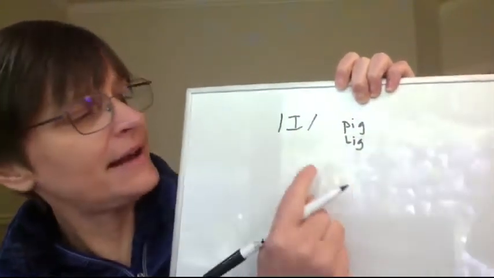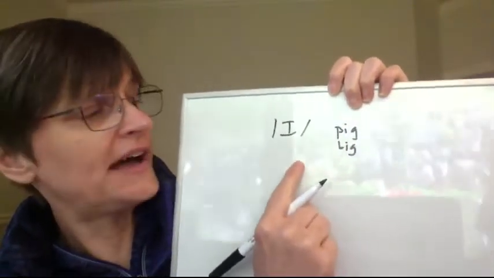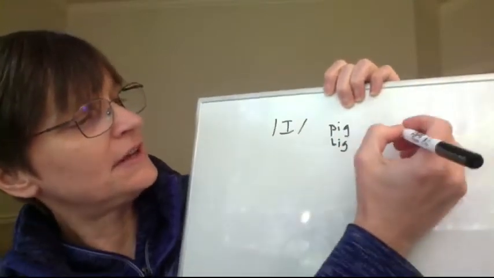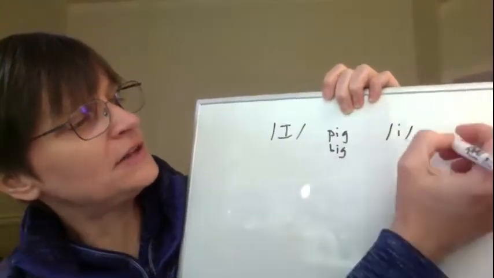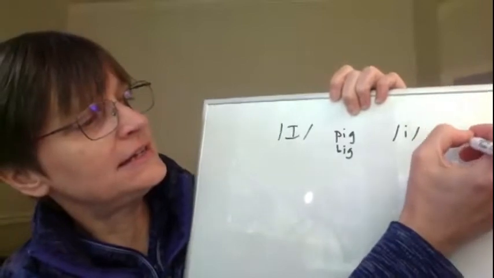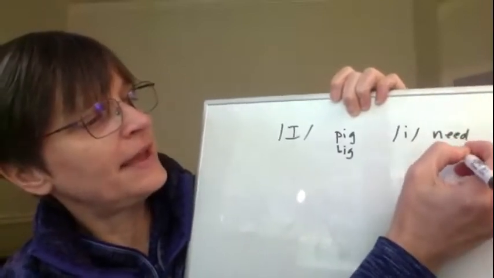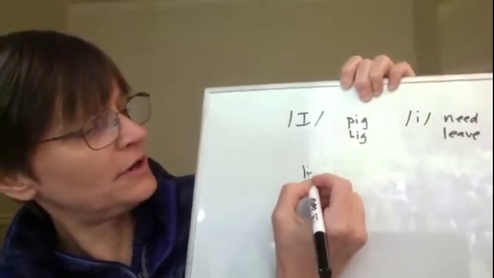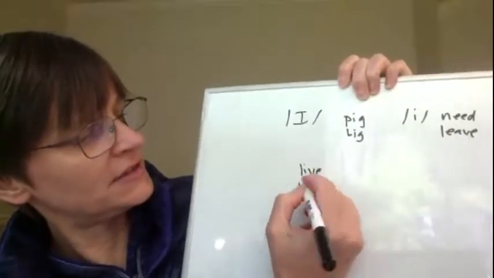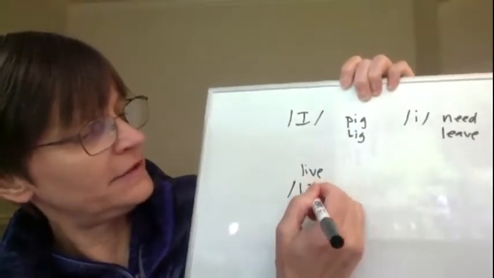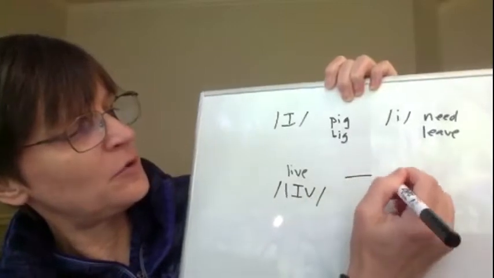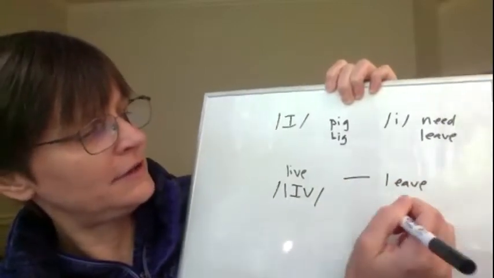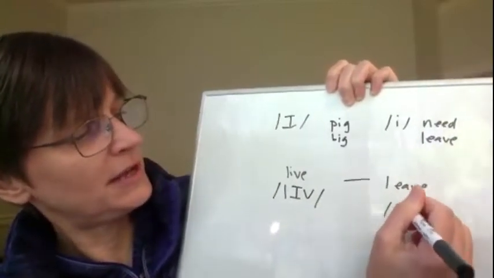And the main error pattern that I tend to hear for this vowel is that people will substitute the E vowel that's in words like need and leave. And so you might be trying to say the word live, which looks like this in IPA, and it ends up sounding more like leave, which looks like this in IPA.